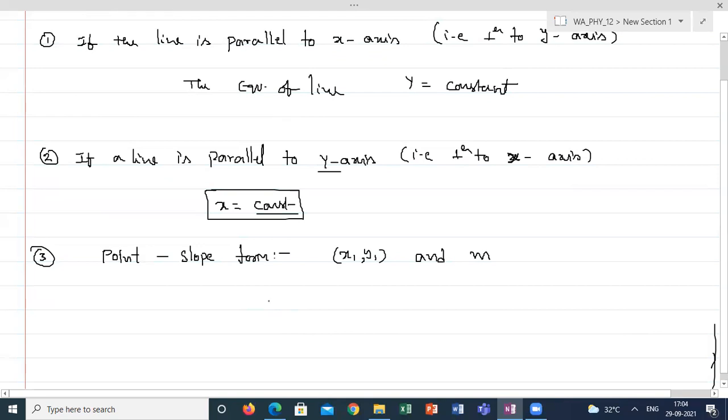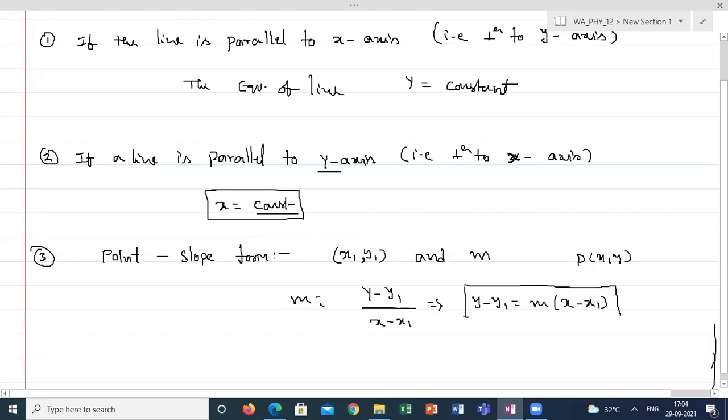Assume P(x, y) is any point on the line. So I can say m is equal to (y minus y1) by (x minus x1). In standard form, y minus y1 is equal to m into (x minus x1). This is the format if the slope and point are given.